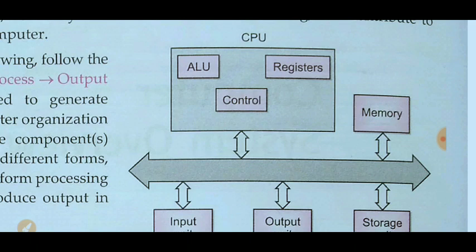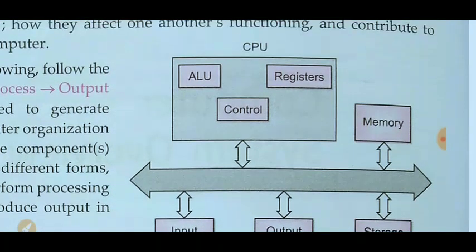Means after taking data from the input device, it goes in the primary memory. Is it clear? After taking value from the input device, it will be stored in the primary memory. Primary memory is just like a RAM, that comes under memory unit.